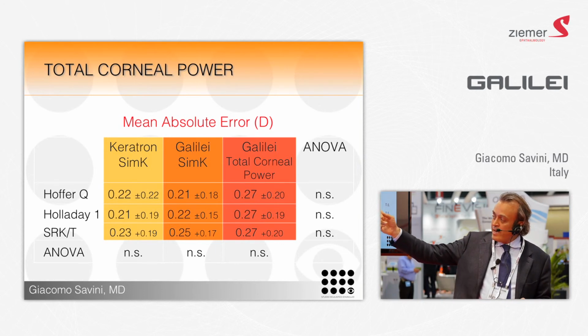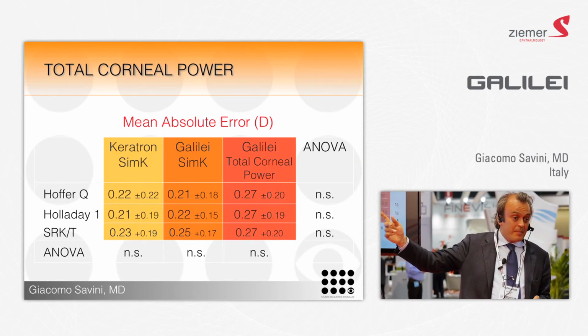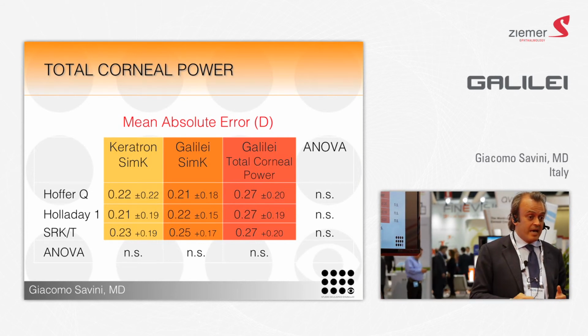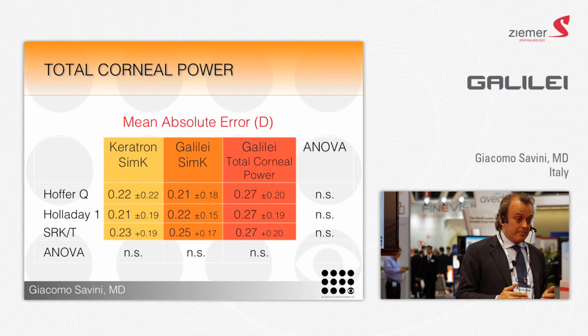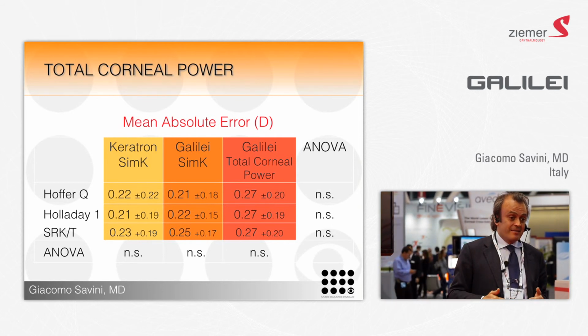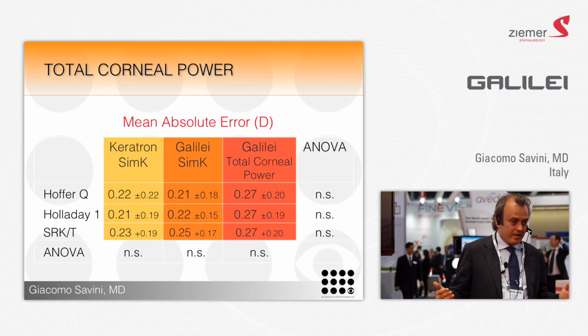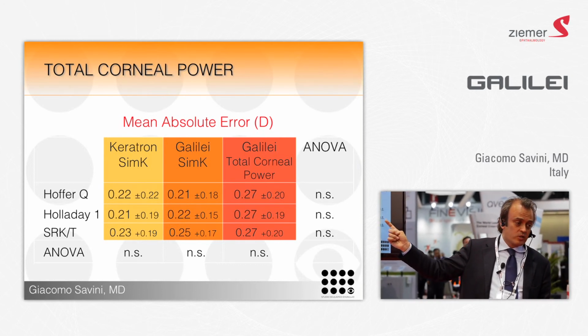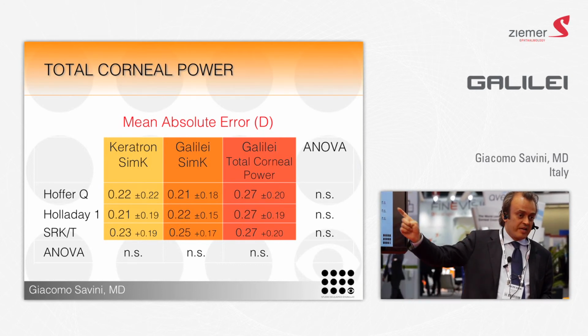So, okay, it's a little bit higher, but it's still a very good number, 0.27 as an average mean absolute error. Much better than the IOLMaster, just to say a very common instrument. And anyway, there was no statistical difference with respect to the other ones.